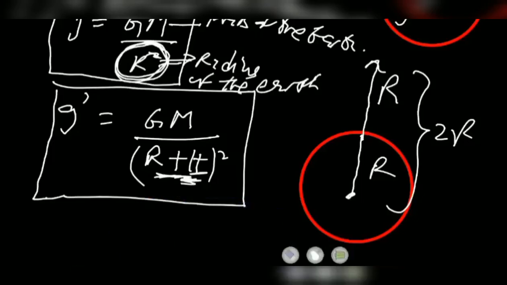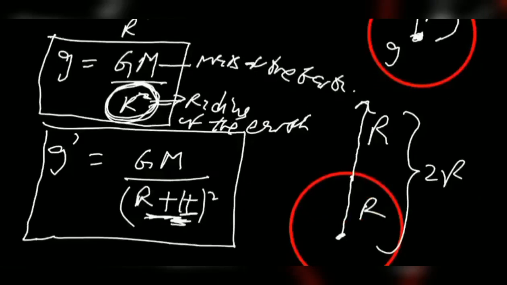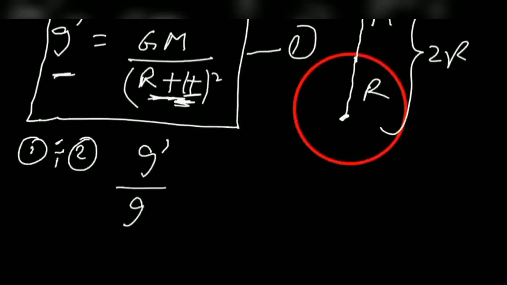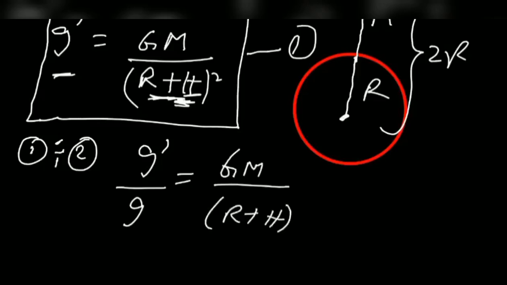So note this formula. Now let's go ahead. Look at these two formulas. Let me call this equation 1 and this equation 2. If I say equation 1 divided by equation 2, I will have g prime divided by g equal to GM all over (R plus h) all square, divided by GM all over R square.